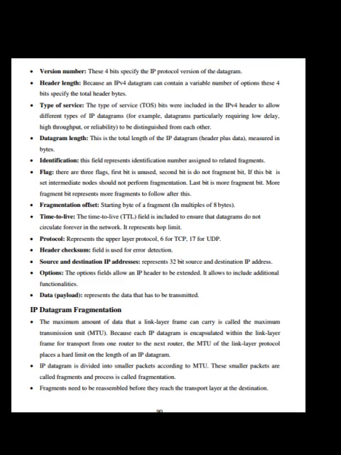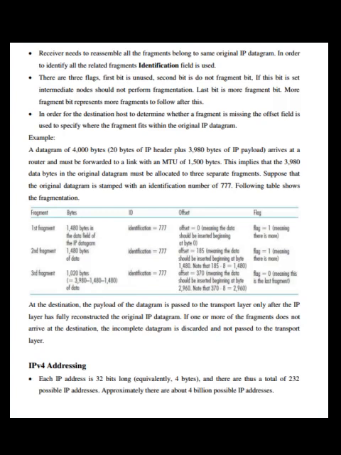Fragments need to be reassembled before they reach the transport layer at the destination. The receiver needs to reassemble all the fragments belonging to the same original IP datagram. In order to identify all the related fragments, the identification field is used. There are three flags. First bit is unused. Second bit is the do not fragment bit.